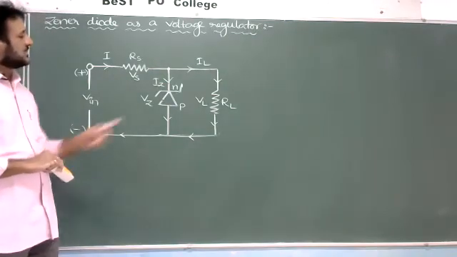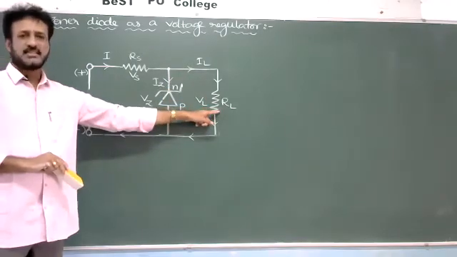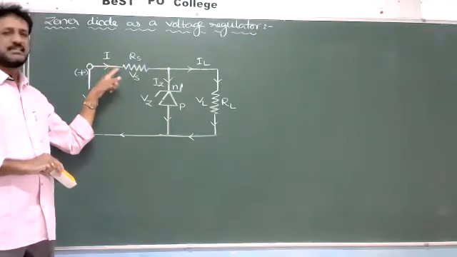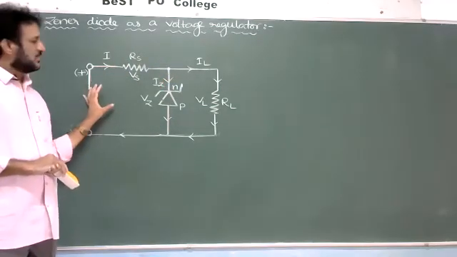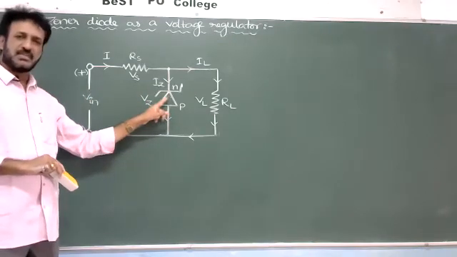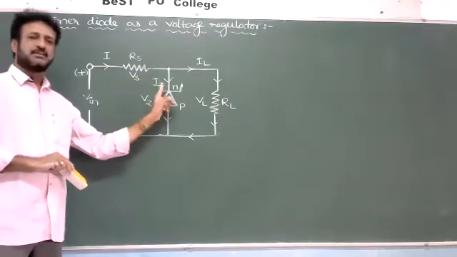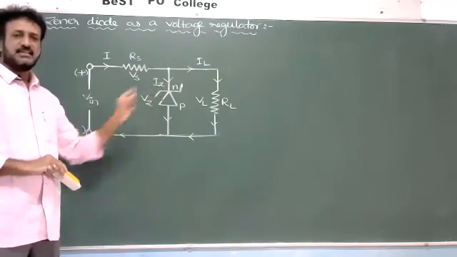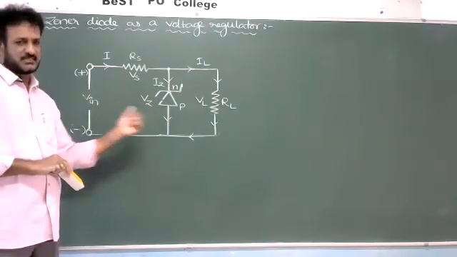Parallel to the Zener diode, a load resistance RL is connected, and in series, a resistance RS is connected, and all are connected to the input source. The P-type semiconductor of the Zener diode is connected to the negative terminal and the N-type to the positive terminal, so the Zener diode is in reverse bias.